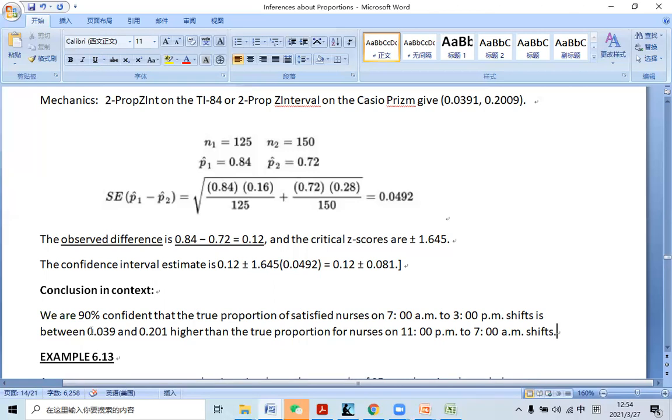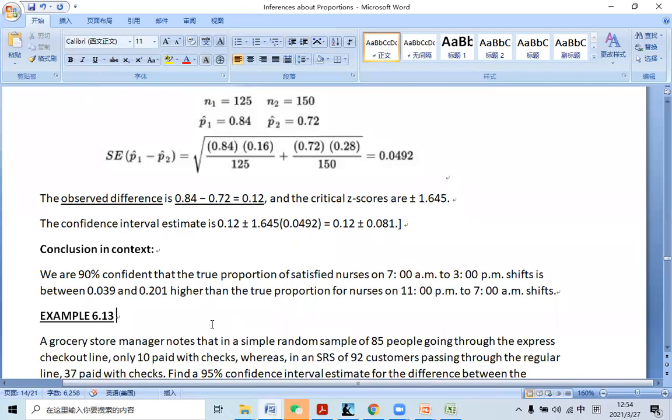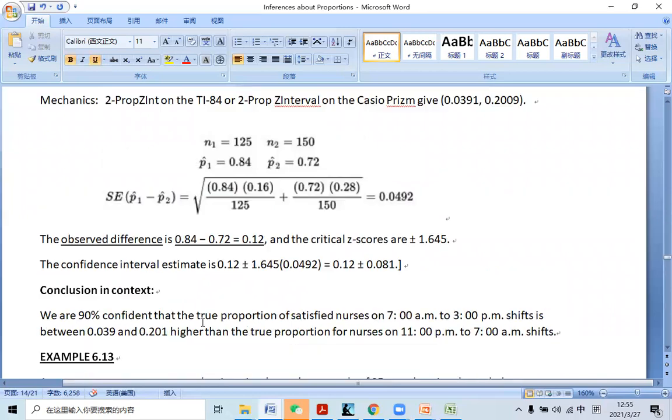So you're estimating the difference between the two shifts. The average difference is 12%. The margin of error on the lower end is 3.9%. On the higher end is 20.1%. That is a confidence interval.